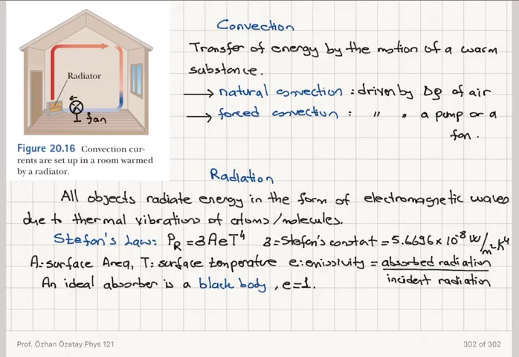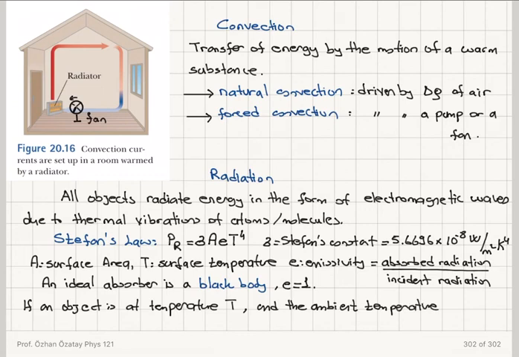Now, let's say that we have an object at a temperature T, and the ambient temperature, that's the temperature of everything else, is T0.